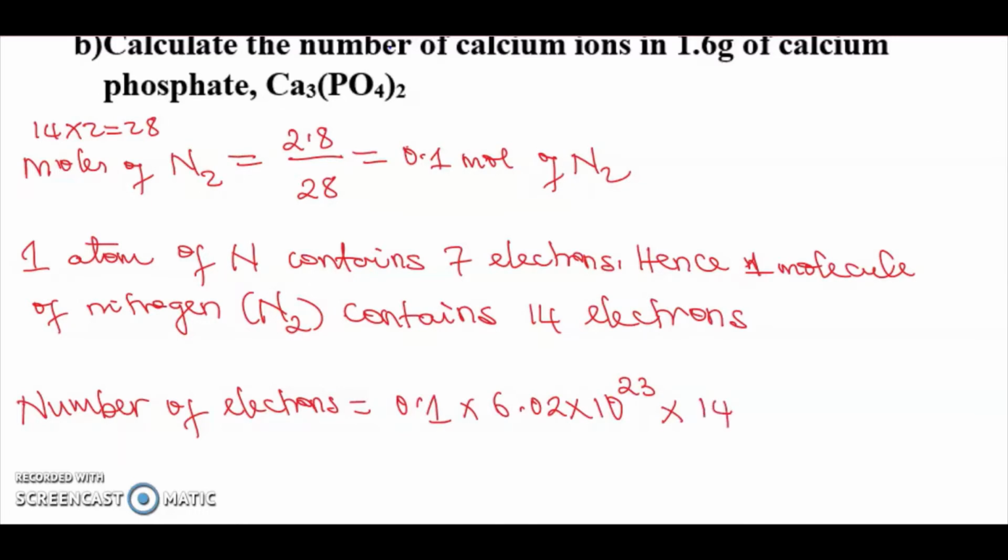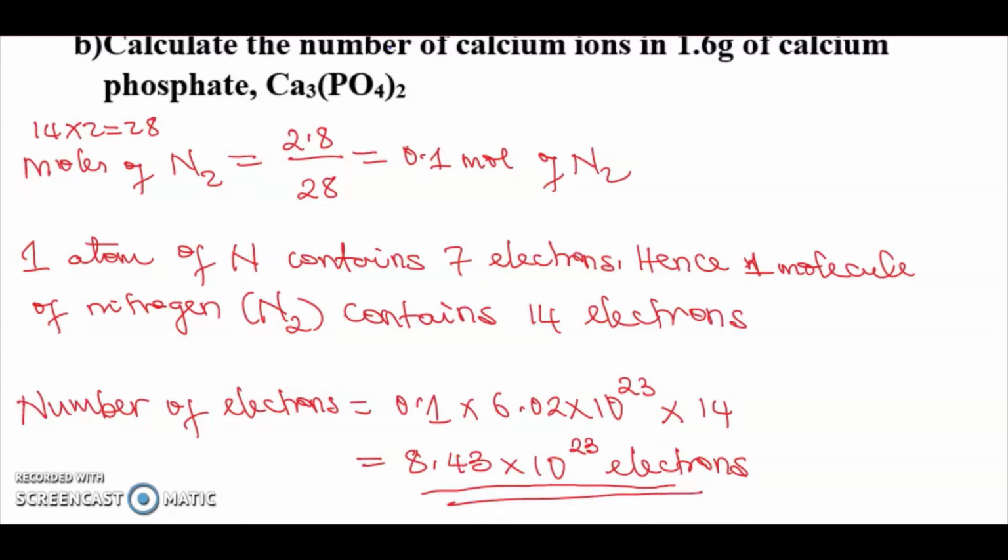So what does that give us? It gives us 8.43 times 10 raised to the power 23 electrons. So that's the answer. Did you get it right?